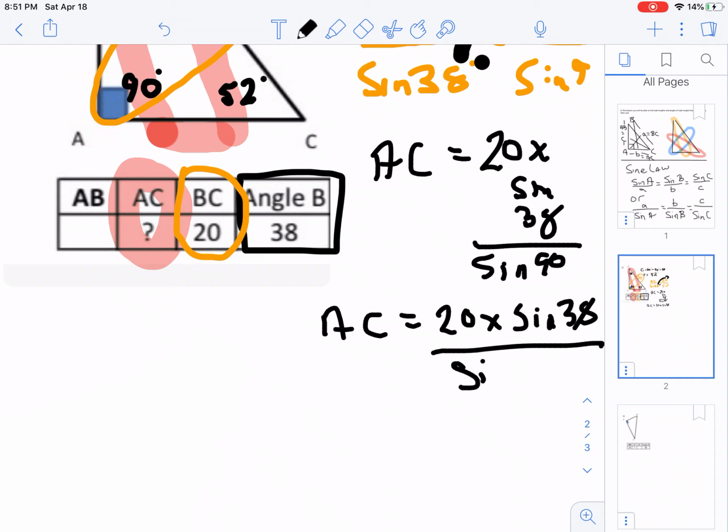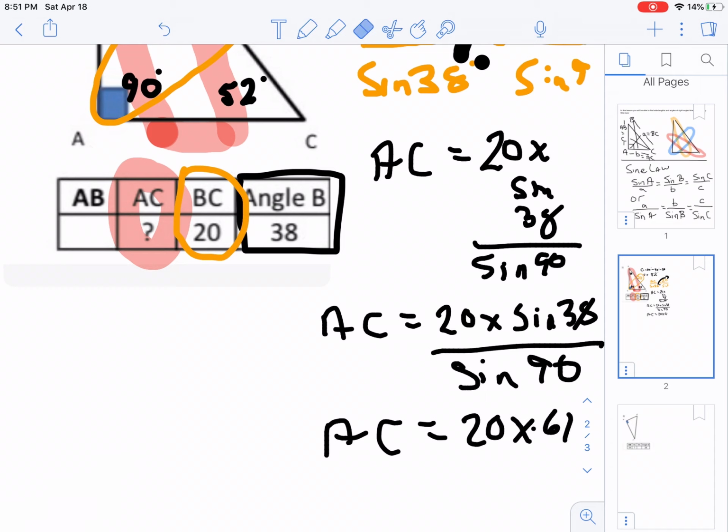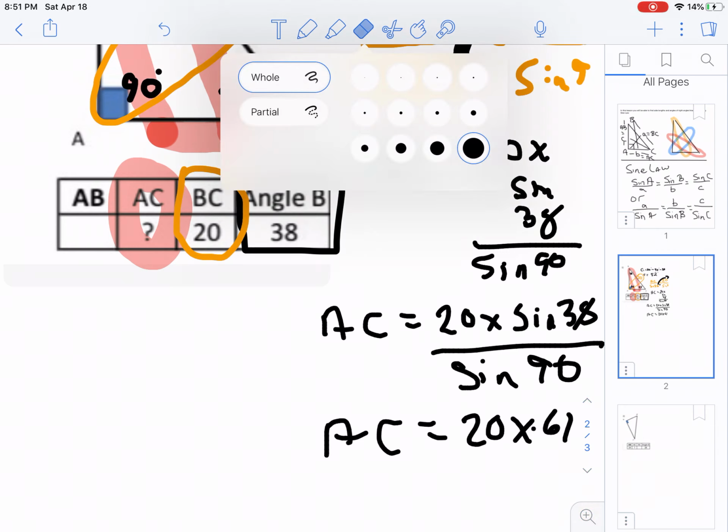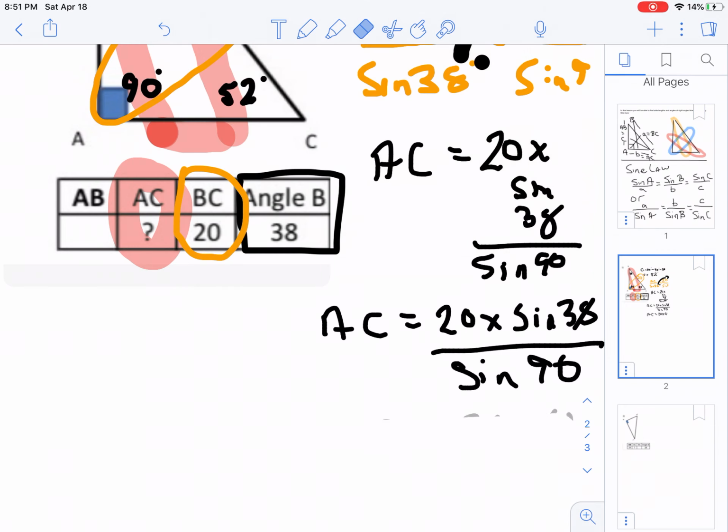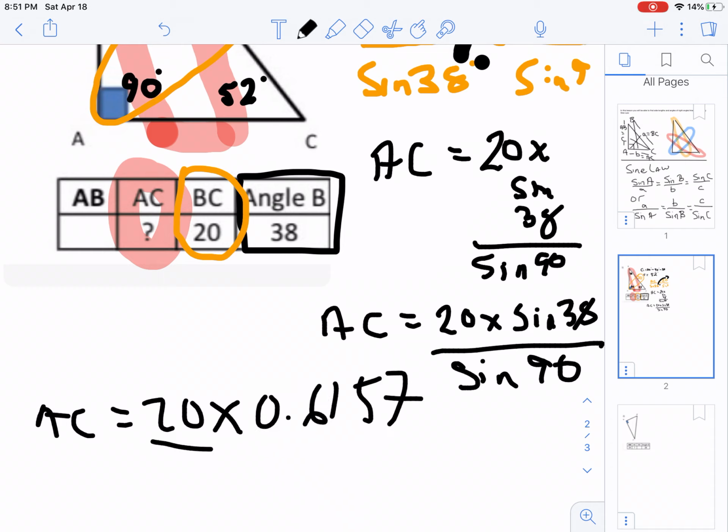Now I'll use my calculator. Okay, so sine 38 is 0.6157. So 20 times 0.6157, divided by sine 90, which is 1.